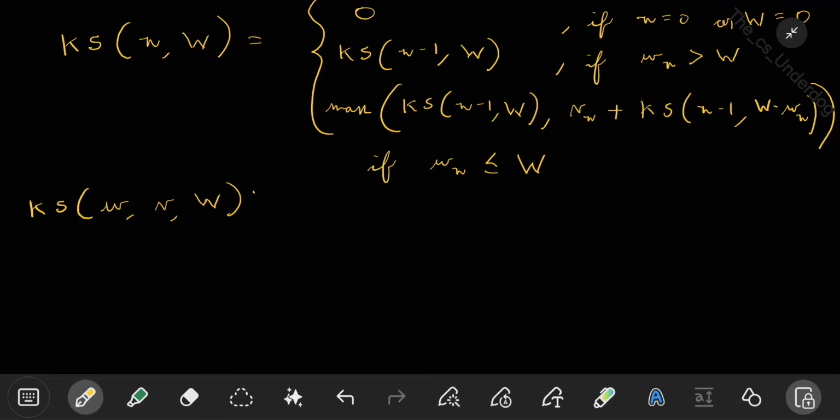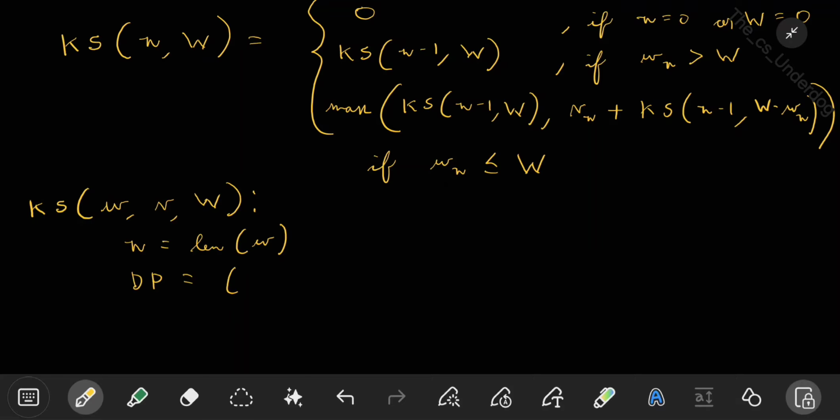Let us see how you can write this function. What is the first thing? You want to know how many items there are. So in order to understand n, we'll write n is equal to length of w. Length of w or length of v, whichever you use, you will get the total number of items. So you got the total number of items here. Then you want a matrix.